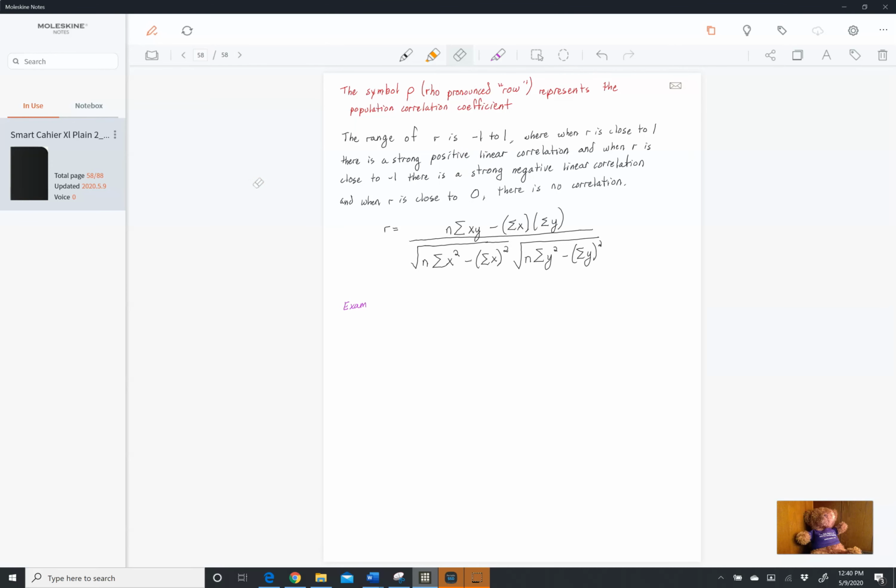We're going to use the example from before, versus the annual contribution. So we had 1, 12.5. This is the same data from before.